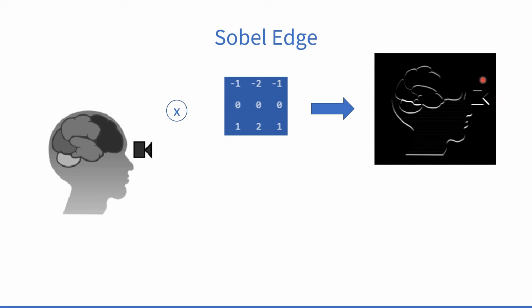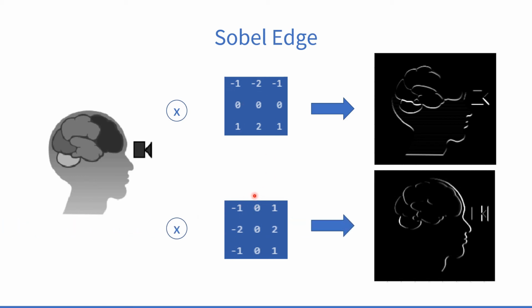Let's see the vertical operator. The same thing: we have applied a transpose and just rotated it, and you can see here -1 -1 -1 and here 1 2 1. So we have just applied a transpose of this kernel, and this will find the vertical edges by applying convolution.